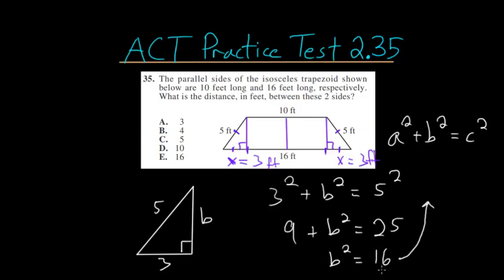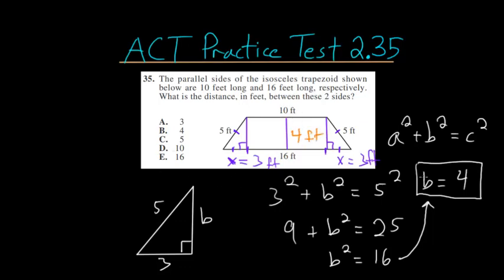And taking a square root of each side, we find that b is equal to plus or minus 4, since if you're taking a square root, you always have to consider the positive and the negative case. But we're dealing with a length here, which can't be negative, so b would just be 4. So the distance between these two parallel sides, this 10-foot side and this 16-foot side, is simply equal to 4. So this length here, this vertical line, is 4 feet.